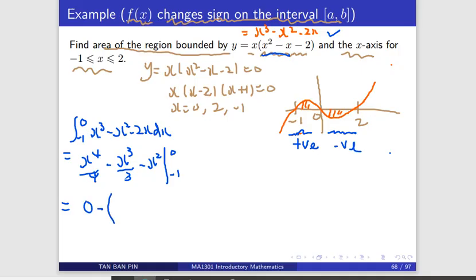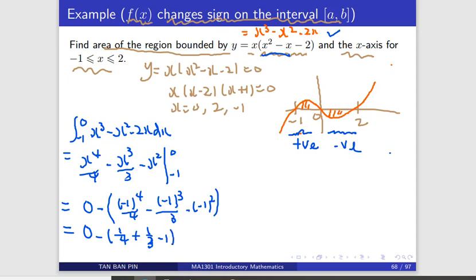Then you sub in minus 1, so it will be (minus 1) to the power 4 over 4, minus (minus 1) to the power 3 over 3, minus (minus 1) squared. So this will give you 0 minus 1 quarter plus 1 third plus 1 third minus 1, and it will give you 5 over 12.